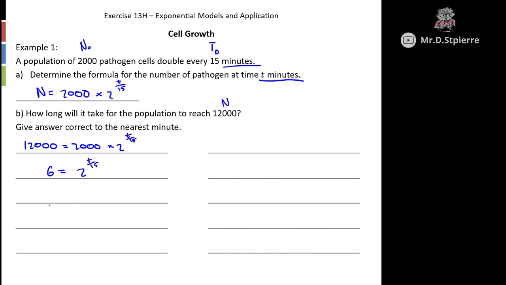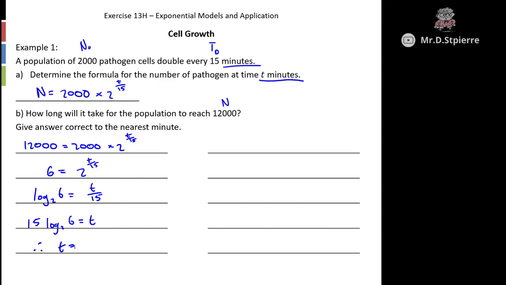Using our log to convert this, that is equivalent to log of base 2 of 6 is equal to t on 15. So we then get 15 log base 2 of 6 is equal to t. In all these application ones you're going to be using your calculator. It's not something you're going to know off the top of your head.